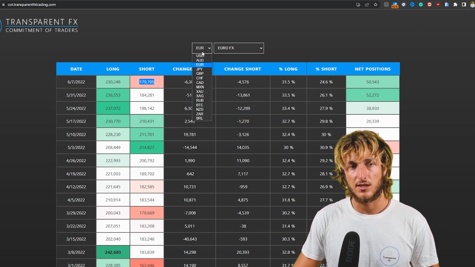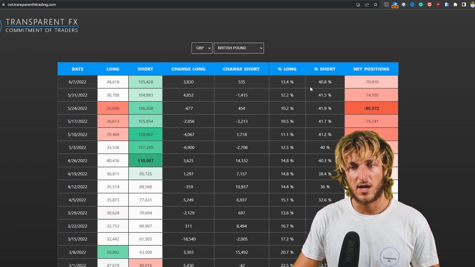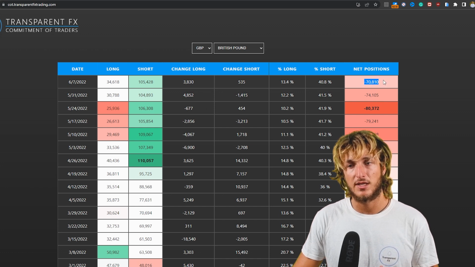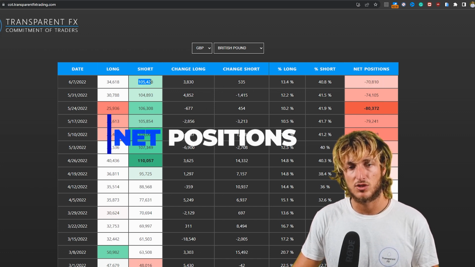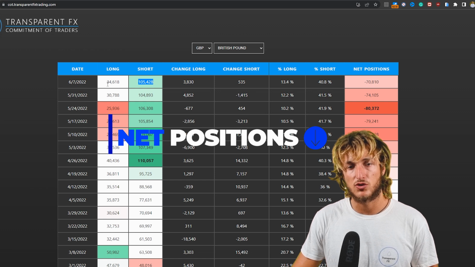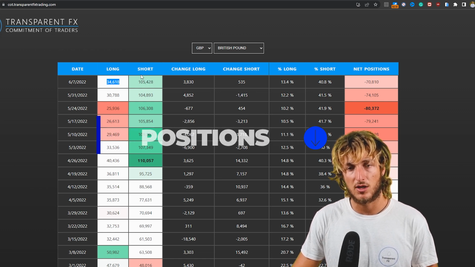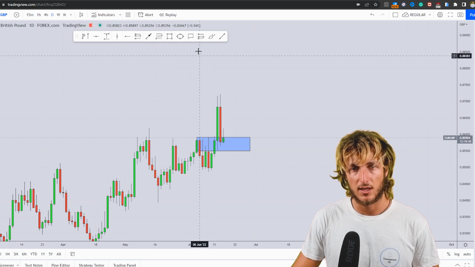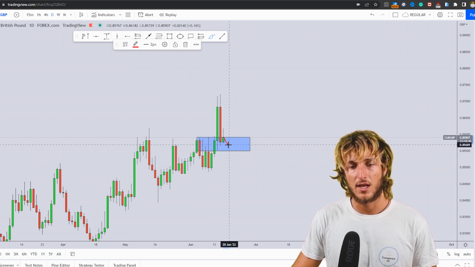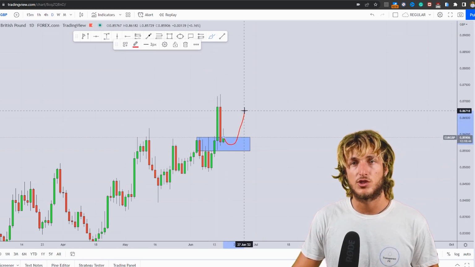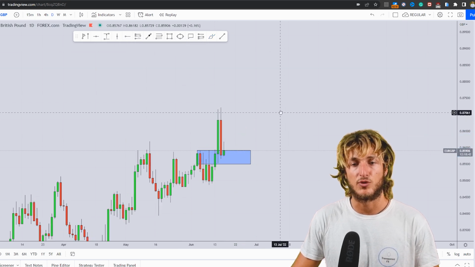So the euro is getting quite strong. If we go and see what we have on the pound, currently sitting with minus 70k net positions with 105.4k shorts compared to only 34k longs, making the pound quite weak, meaning that if at this level we will have a deceleration, a potential rejection higher is definitely a possibility.